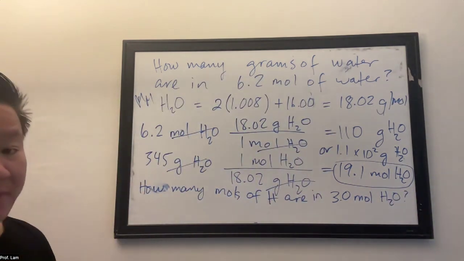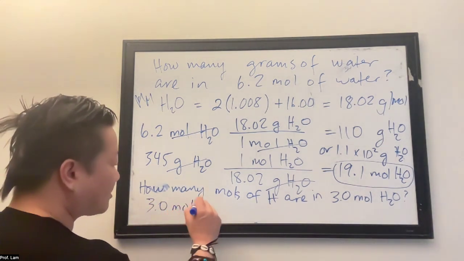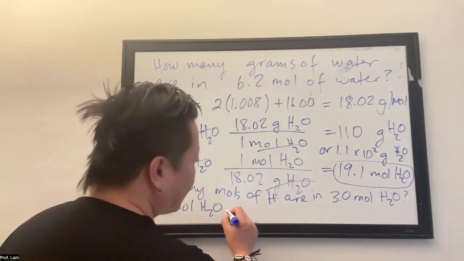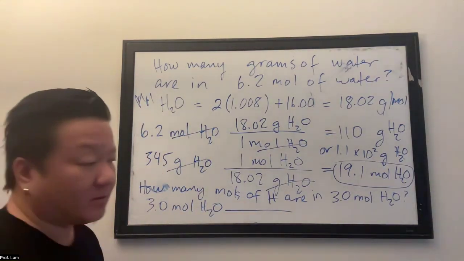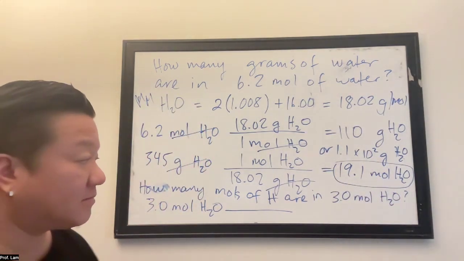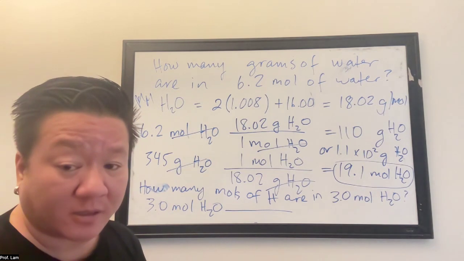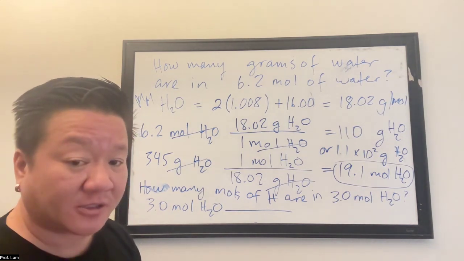Okay, so now we start with 3 moles of water, right? And what we're going to do is count the amount of hydrogen there are in water, which is easy to see from the chemical formula. So you don't have to look anywhere else but the chemical formula to answer this question.